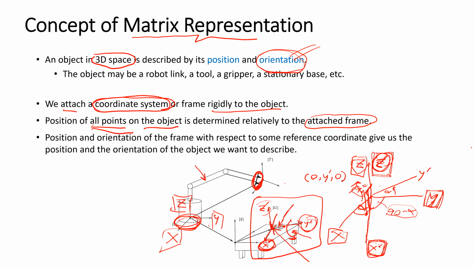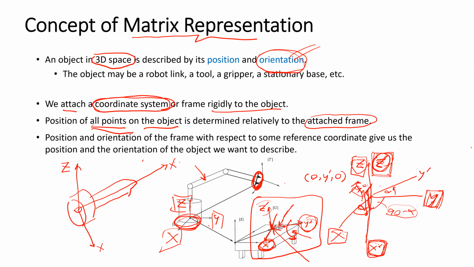For example, because now the screw is something like this, and we put a frame on the screw where x is like this, y axis is like this, and z axis like this.